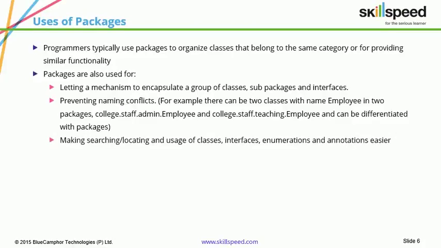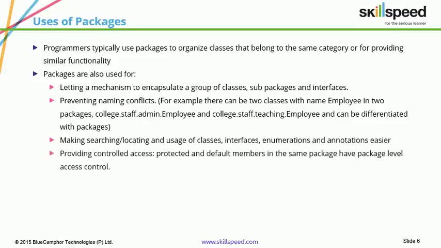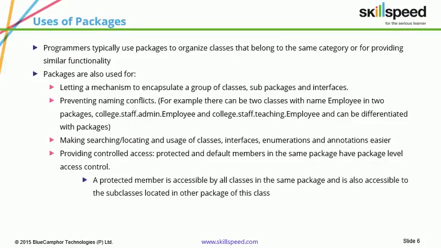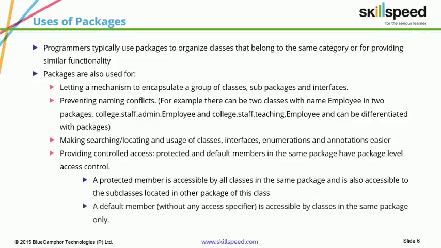Making the searching or locating and using of classes, interfaces, enumerations and annotations easier. Providing controlled access: protected and default members in the same package have package level access control. A protected member is accessible by all classes in the same package and also accessible to the subclasses located in other packages of this class.